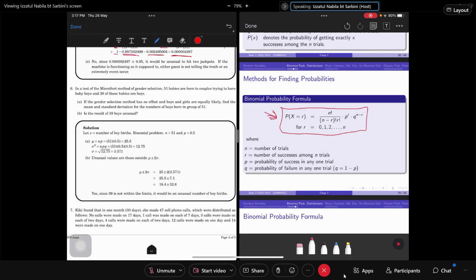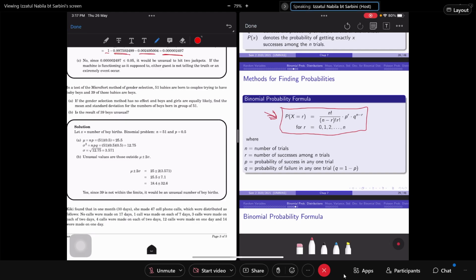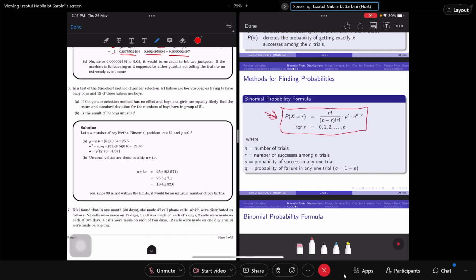Number 6, in a test of Microsoft method of gender selection, 51 babies are born to couples trying to have baby boys, and 39 of those babies are boys. Okay, we have 51 babies born and 39 babies are boys. So if the gender selection method has no effect, boys and girls are equally likely.